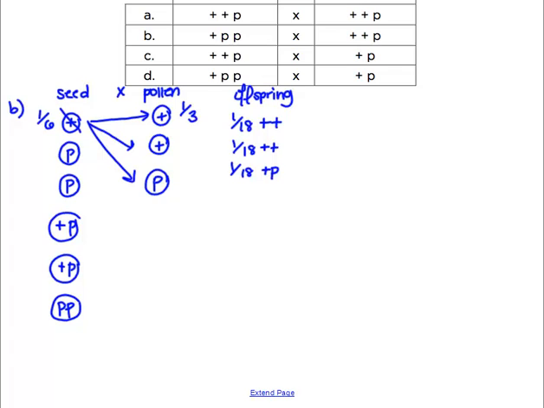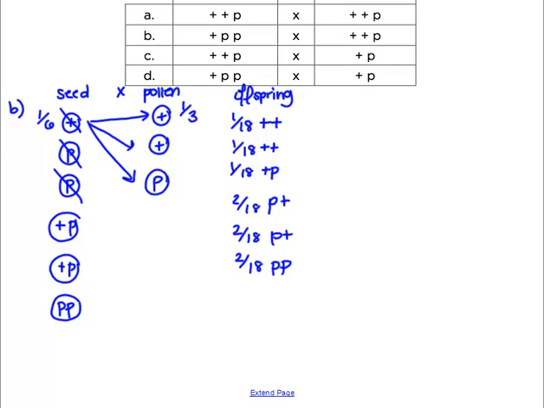Now, because these two are both P, I'm just going to shorten up a bit. So, as you know, they'll all give P plus, P plus, PP. So instead of doing 1/18th for each, let's do 2/18th for each, because we know the bottom one is going to be the same. So we have 2/18th P plus, 2/18 P plus, 2/18 P, P. That takes care of both of those gametes at the same time.